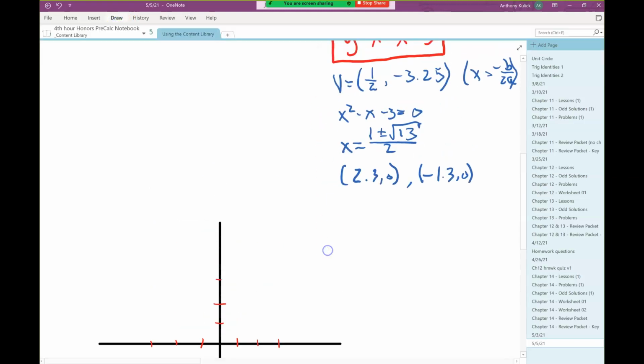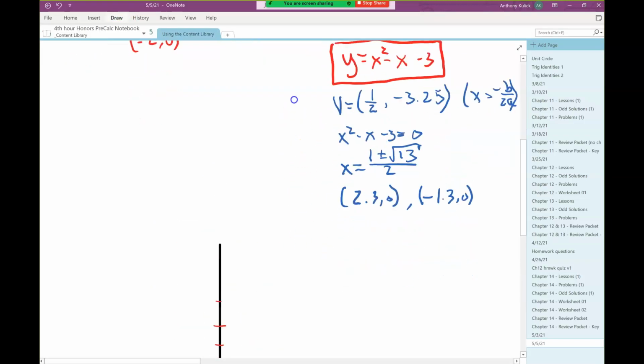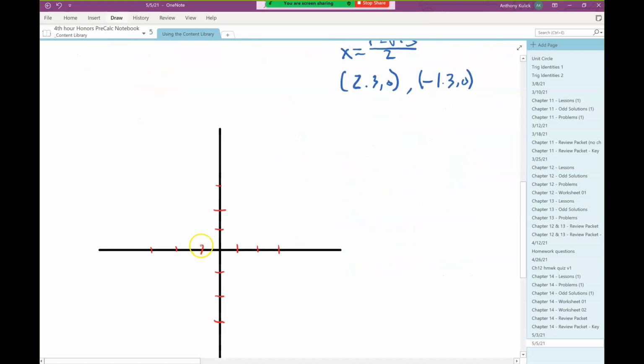And then I have a vertical asymptote at negative 1. And then I have this parabolic asymptote. So I have 2.3, 0, and negative 1.3, 0.